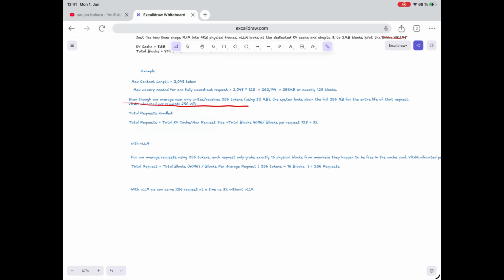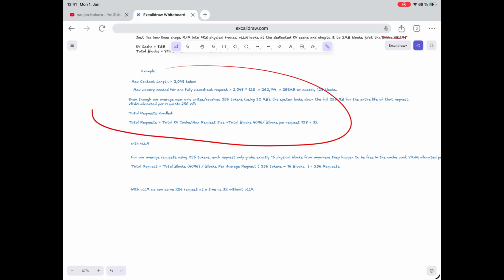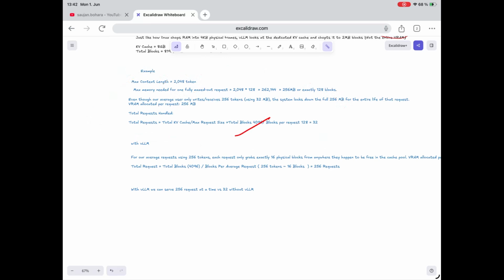Even if our average user only writes 256 tokens, which would be 32 MB, the system still has to give the full 256 MB for the entire life of that request. The total number of requests would be the total blocks, 4096, divided by blocks per request, 128, which is 32. So only 32 requests can be handled at a time with this setup.